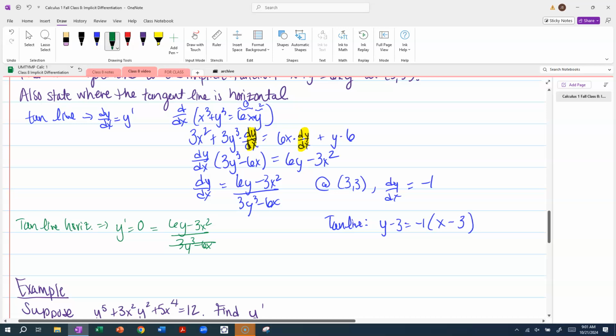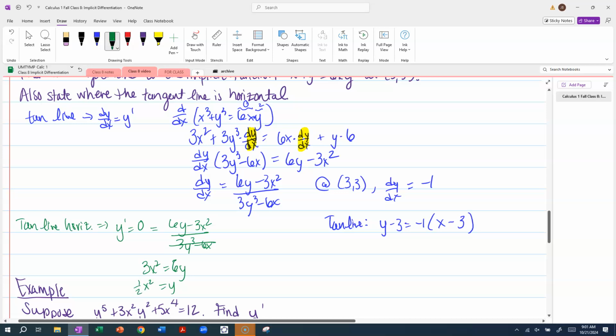That would be where the tangent line is vertical. But here I just look at the numerator. And so solving that, I get 3x squared is equal to 6y. And then if I divide, I would get y is equal to 1/2 x squared.